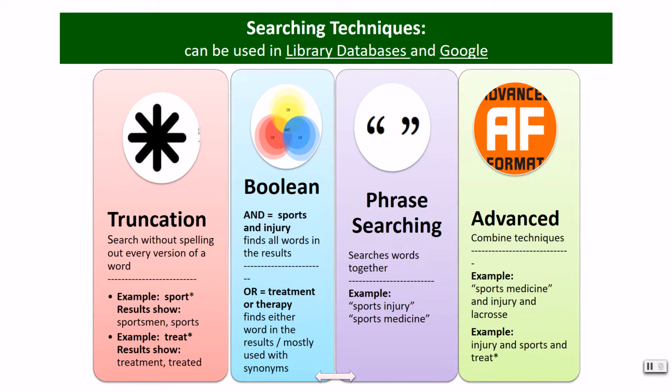So in my example, I have sport, and I can get sportsman or sports. I also have treat, and I can get treatment or treated. Notice in these examples that the root word is a full word. Sometimes it will not be a full word and just an abbreviated part of a word, as it only needs to be a portion of that word, as long as that word has different endings.